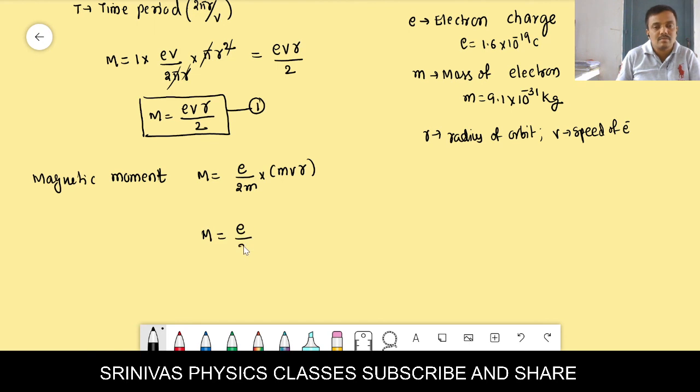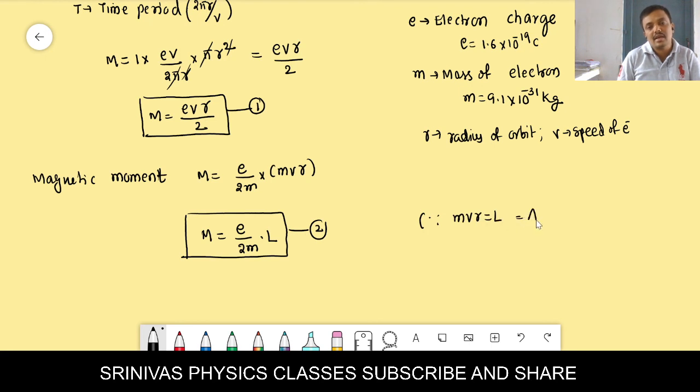So M equals e by 2m into capital L, because we know that the angular momentum formula is mvr. mvr is capital L, where capital L is the angular momentum of the revolving electron.